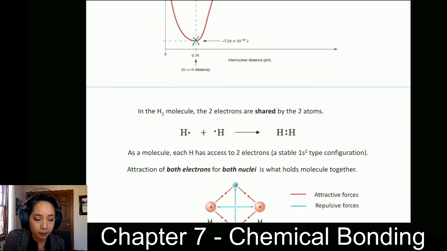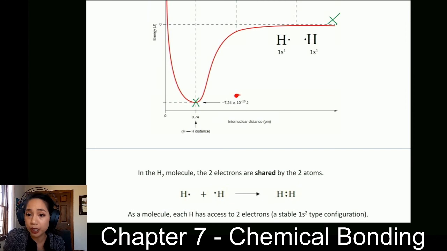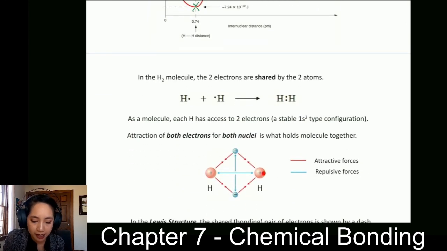So this graph represents the balancing act between repulsive and attractive forces between the 2 positively charged nuclei and the 2 electrons involved in a hydrogen-hydrogen molecule.